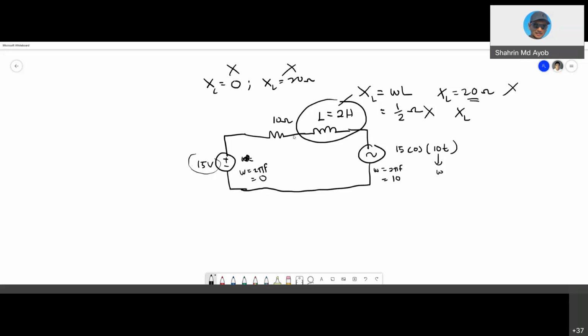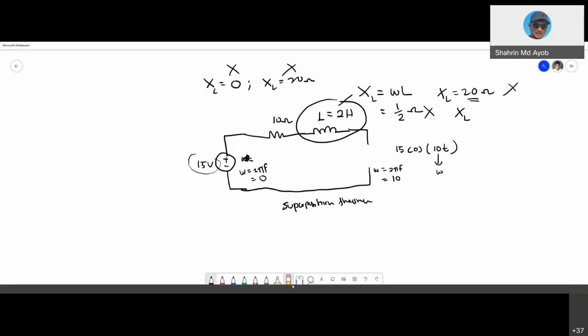Okay. So that is where the superposition theorem takes part. You know that in the superposition theorem, only one source needs to be turned on, while the other must be turned off. So in this case, if I want to turn on this one, the other must be off.